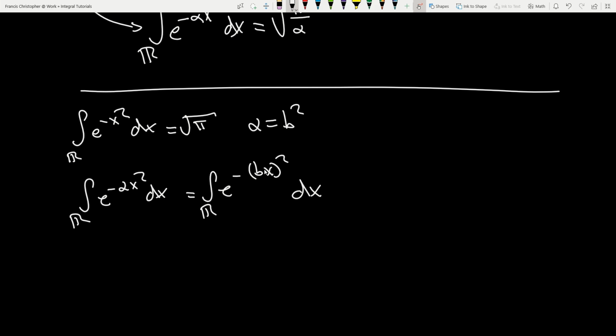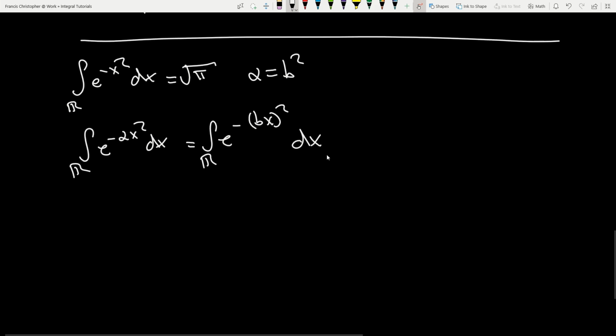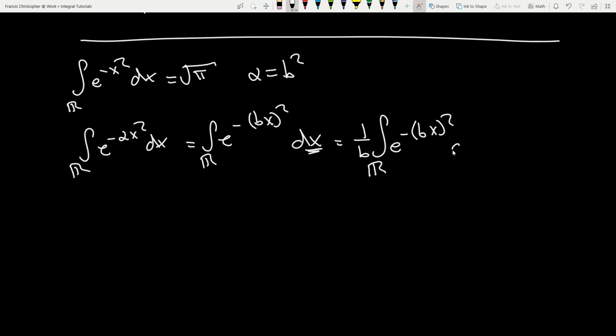And a cool trick when you're dealing with scalars of your variable, I'm actually just going to multiply by 1 over b and b in the integral. But I'm going to multiply the b into the dx operator differential. So e to the negative bx squared d bx.